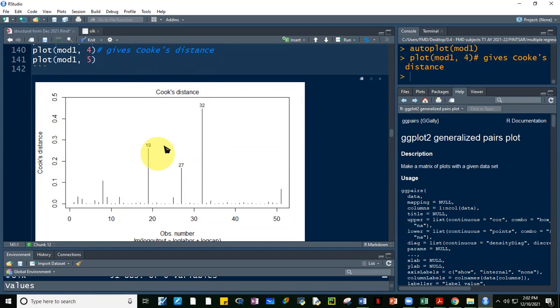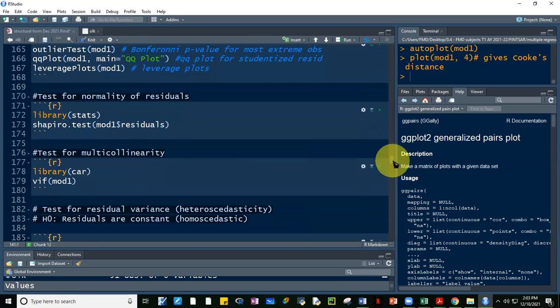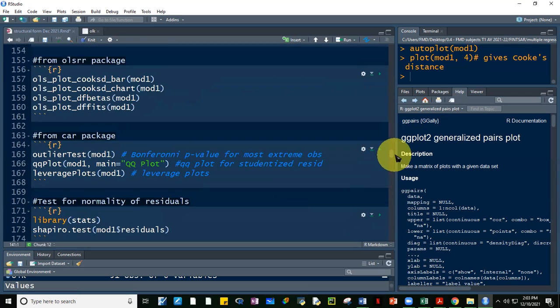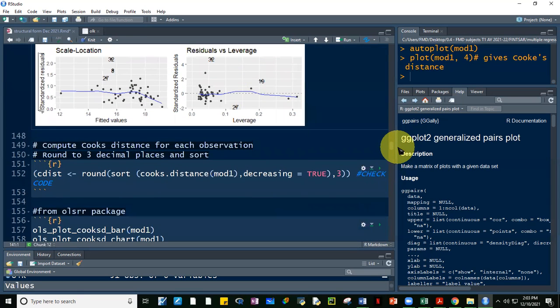Sila yung medyo matataas yung Cook's distance. And there's a certain parameter, we will not look into that now, kung paano dinidetermine based on Cook's distance kung candidate siya for an influential point.